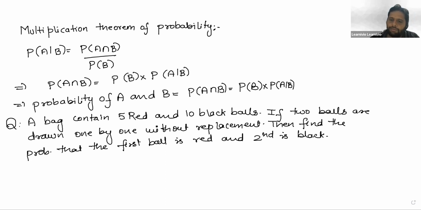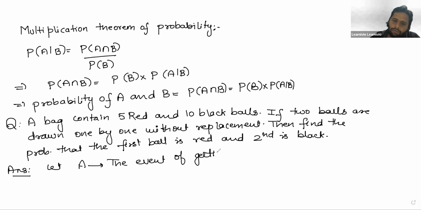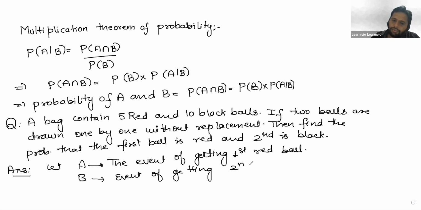If we take the events like this, let A be the event of getting the first red ball, and B be the event of getting the second black ball.